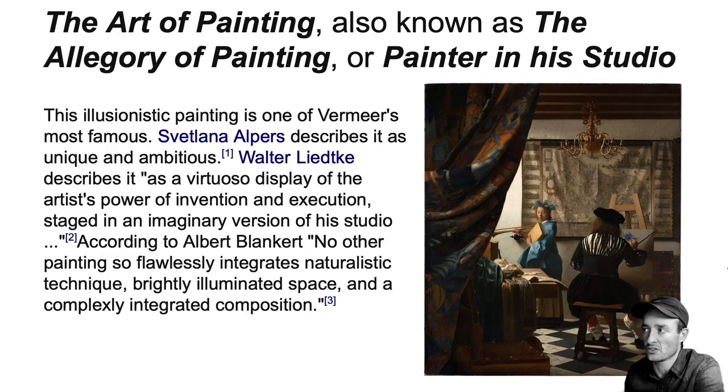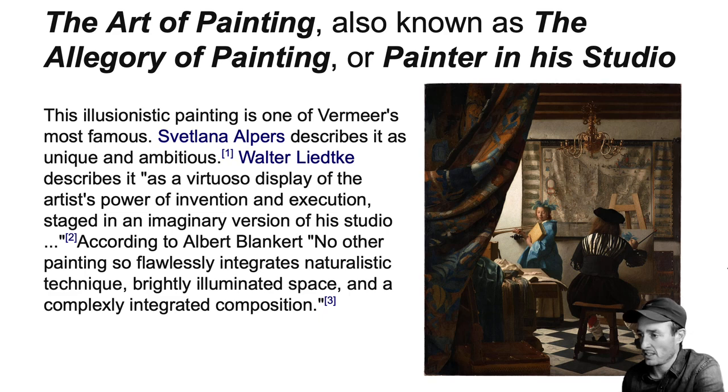The Art of Painting, also known as the Allegory of Painting or Painter in His Studio, is a famous painting. This illusionistic painting is one of Vermeer's most famous. Vermeer is, remember, the artist referenced in Paul Bloom's lecture about the forgery. Alpers describes it as unique and ambitious, a virtuoso display of the artist's power of invention and execution, staged in an imaginary version of his studio.